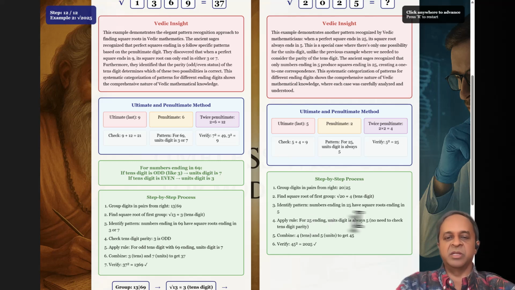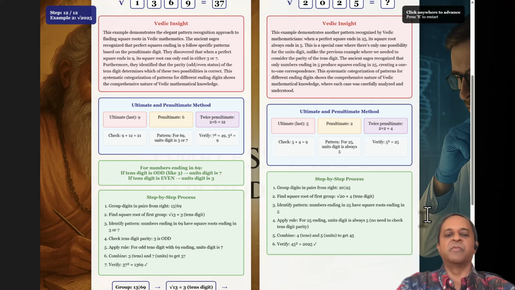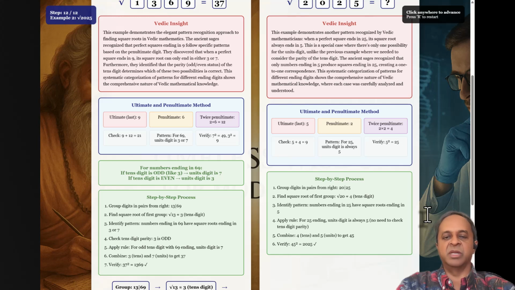By recognizing the relationship between the ultimate digit and twice the penultimate digit, they developed a system for rapidly determining square roots based on the ending digits of perfect squares. This pattern-based approach represents a fundamentally different way of thinking about mathematics, one that emphasizes recognition of relationships and patterns rather than mechanical calculations.